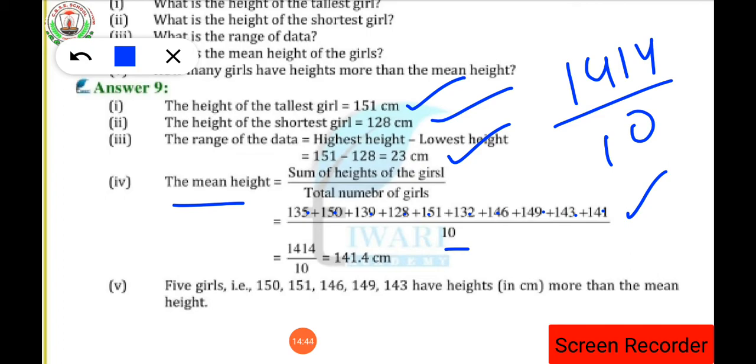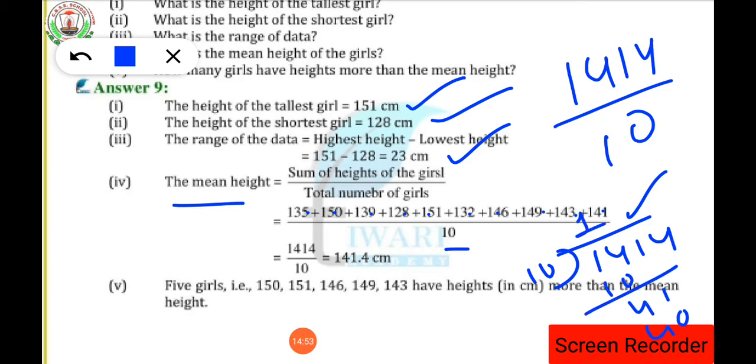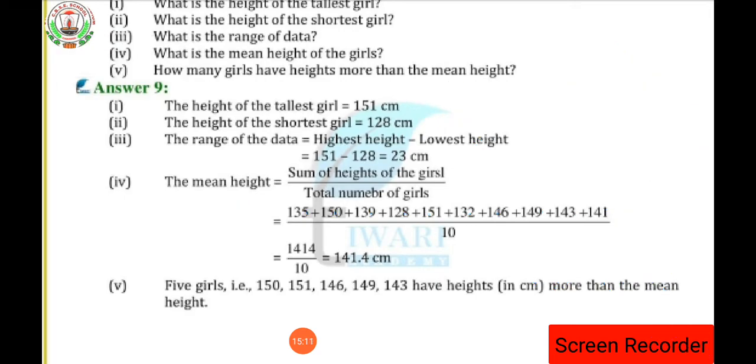Simple division: 10 ones are 10, 10 fours are 40, 14 minus 10 leaves 4. So we take the decimal. 141.4 centimeter is the required answer.